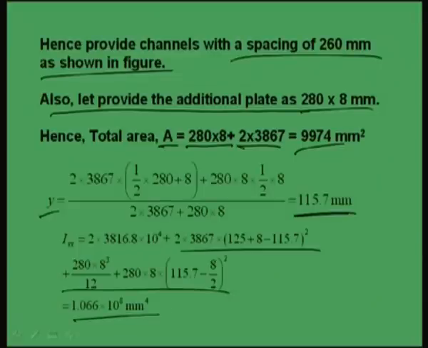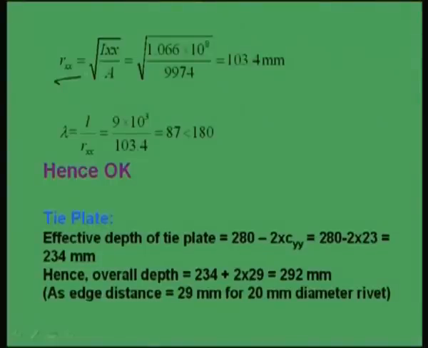So, what we are seeing here is that a lot of calculations have to be done to find the sectional properties. However, these calculations can be omitted if we have software or programming. Now, we will find RXX, which is nothing but the square root of IXX by A or IYY by A. So IXX by A gives 103.4 radius of gyration.